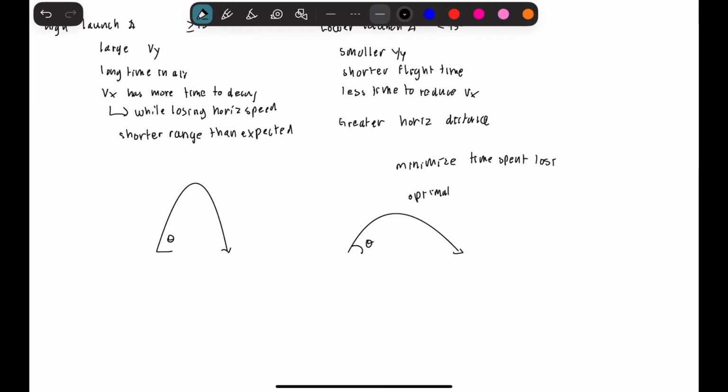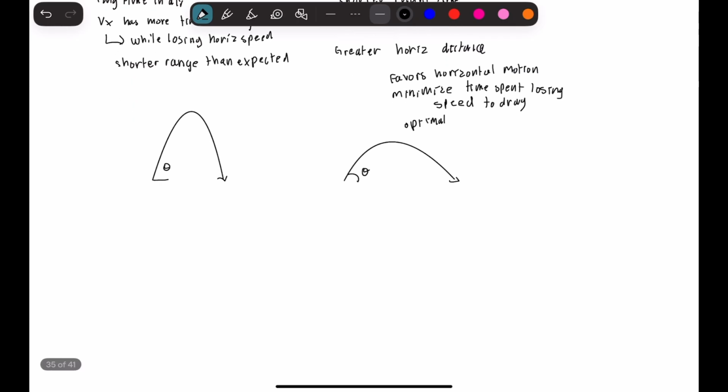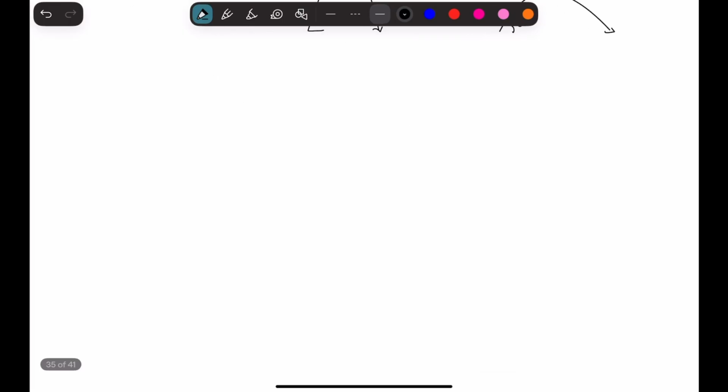So this favors the horizontal motion, and this decreases the vertical loft. So again, the optimal angle will be below 45 degrees. And we can actually prove this using some physics equations.